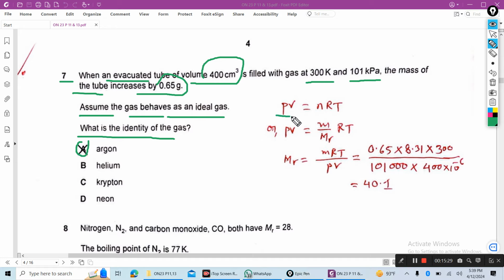You know, PV equals nRT, the ideal gas equation. So PV equals n, number of moles, mass divided by Mr, times RT.